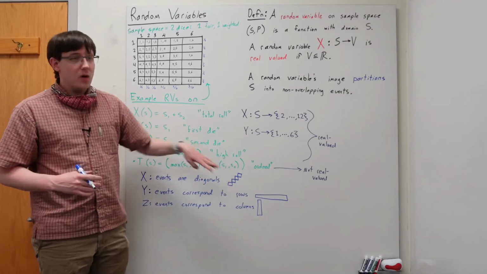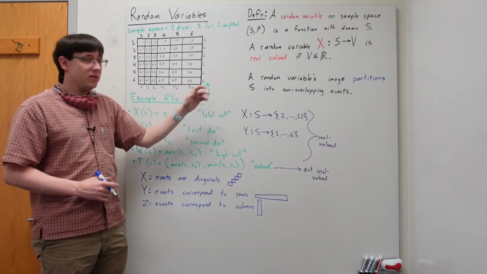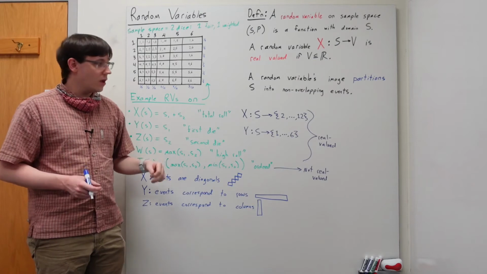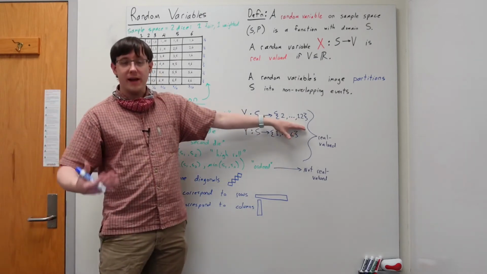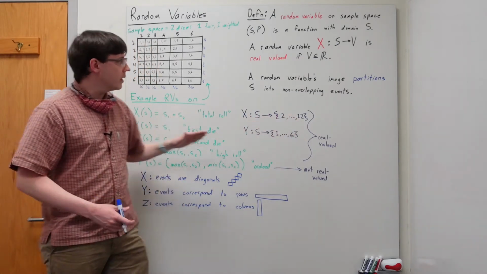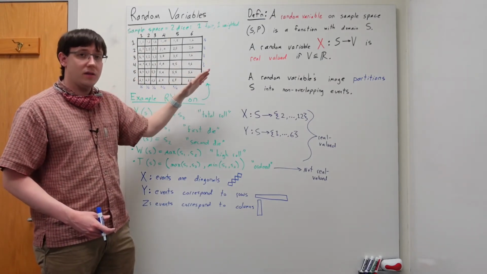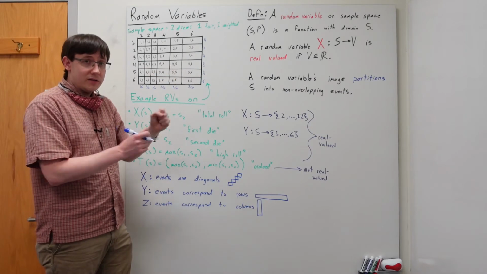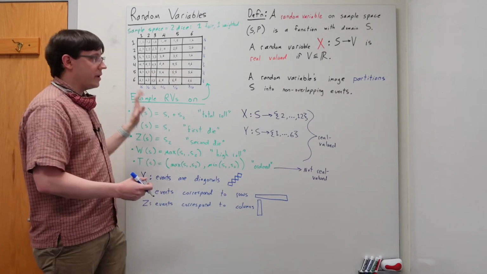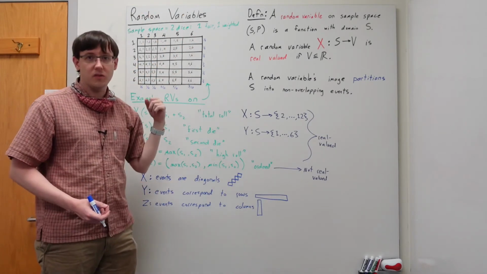But again, when we divide the sample space up into the events for each of the possible values the random variable takes on, we will have partitioned the set S into subsets that are non-overlapping and cover the entire space.